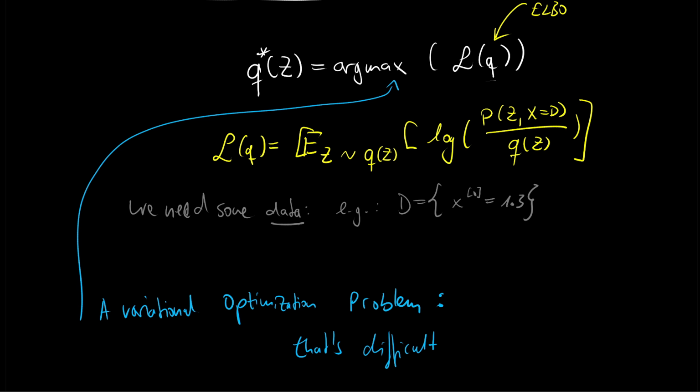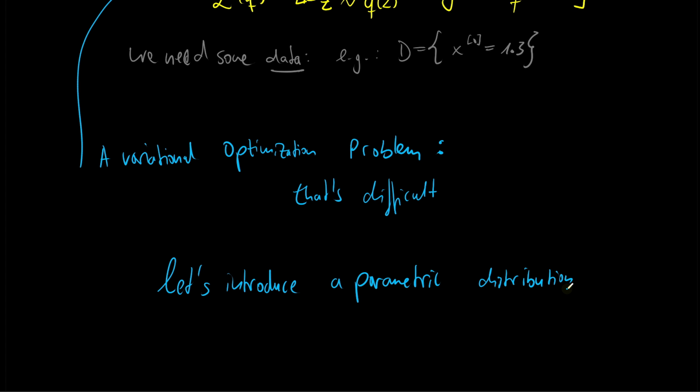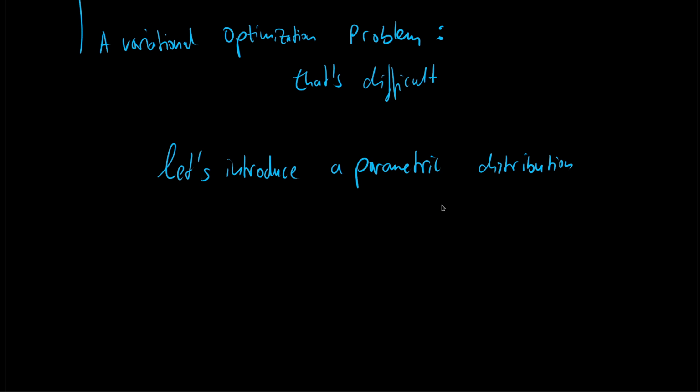The usual remedy here is to introduce a parametric distribution. So in other words, from now on, we are no longer looking at finding the optimal distribution and its optimal parameters, but we are just proposing one distribution and then trying to find its optimal parameters. And here I want to use another exponential distribution.